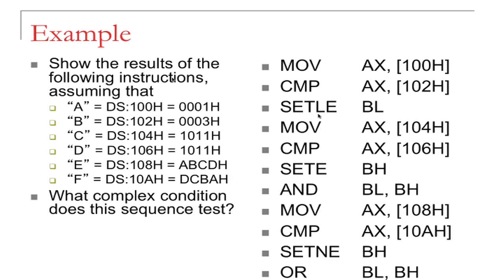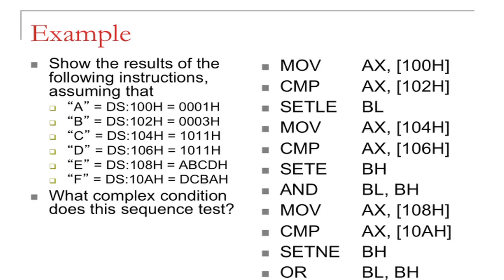And we will set BL if it is less than. So A is less than B. You can just ignore the actual values for a moment. So we're going to do A minus B, and we're going to set LE, BL.